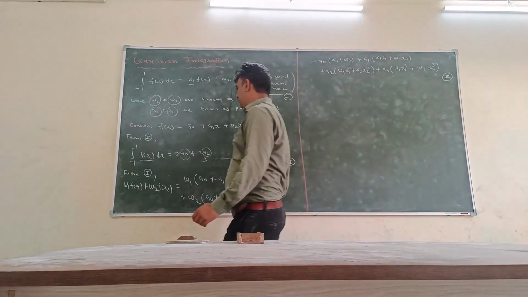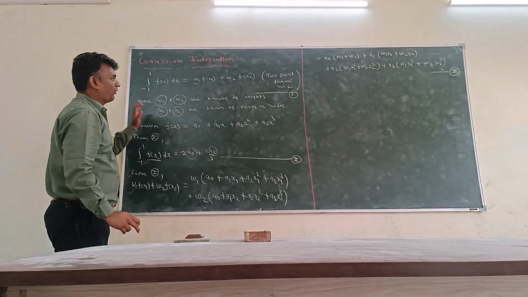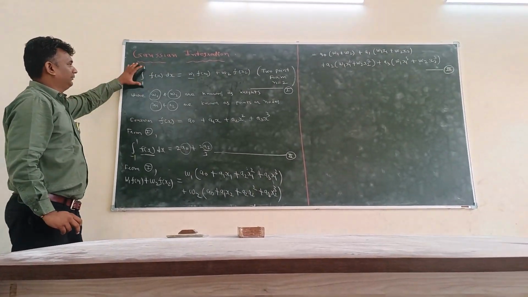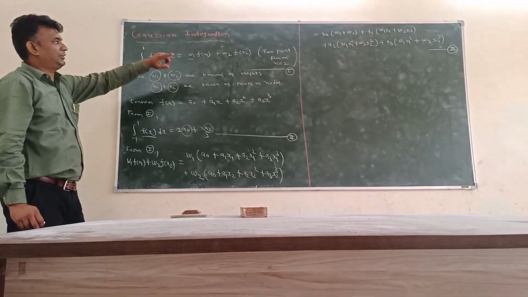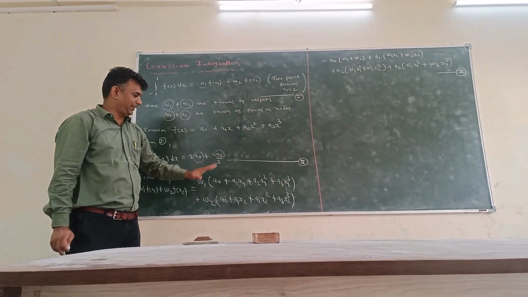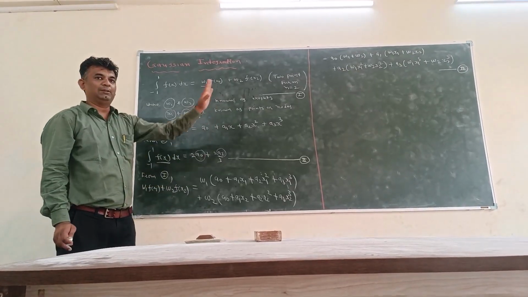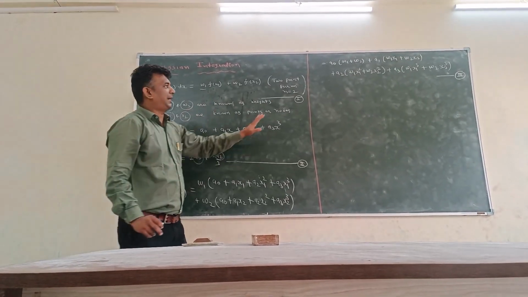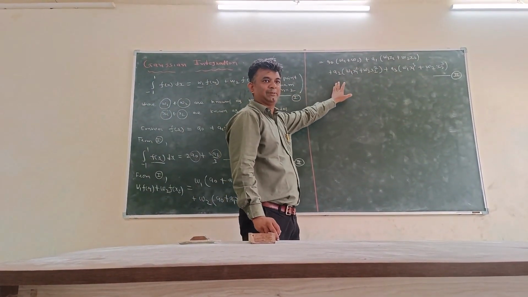Now look at here. We obtained this from the LHS side of equation 1. It means these both are equal. These steps and these steps are equal.